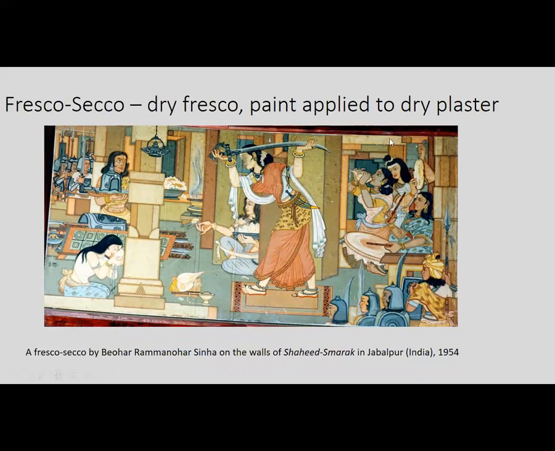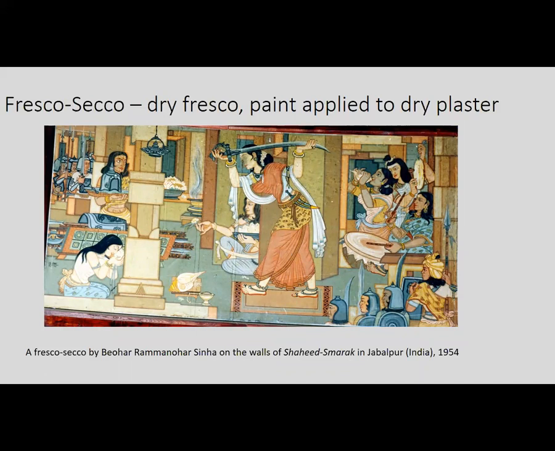So the next fresco method is called fresco secco, dry fresco. This is a fairly new fresco secco, so the colors are still good, but just imagine if this was 1,000 years old. What they do in this case is they cover the whole wall in plaster, let it dry, and then paint on top of it with pigment, sometimes mixed with water, sometimes mixed with milk.